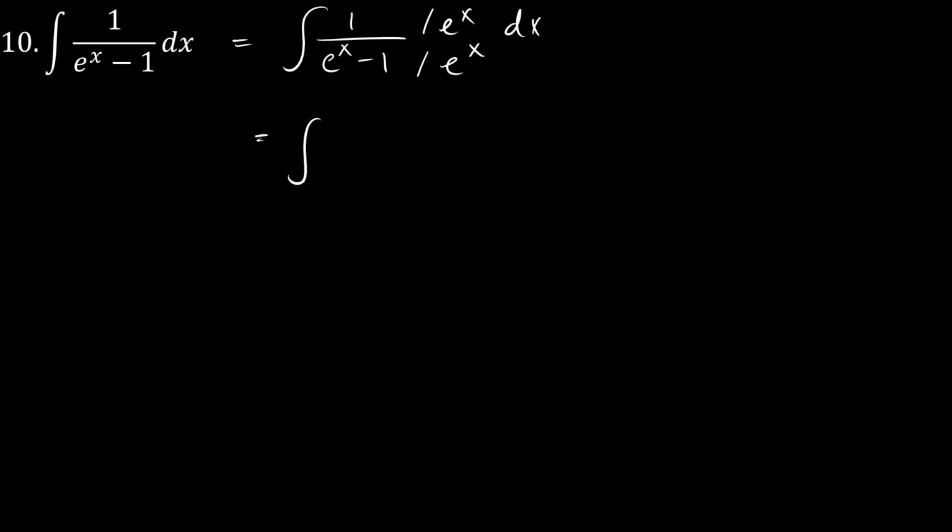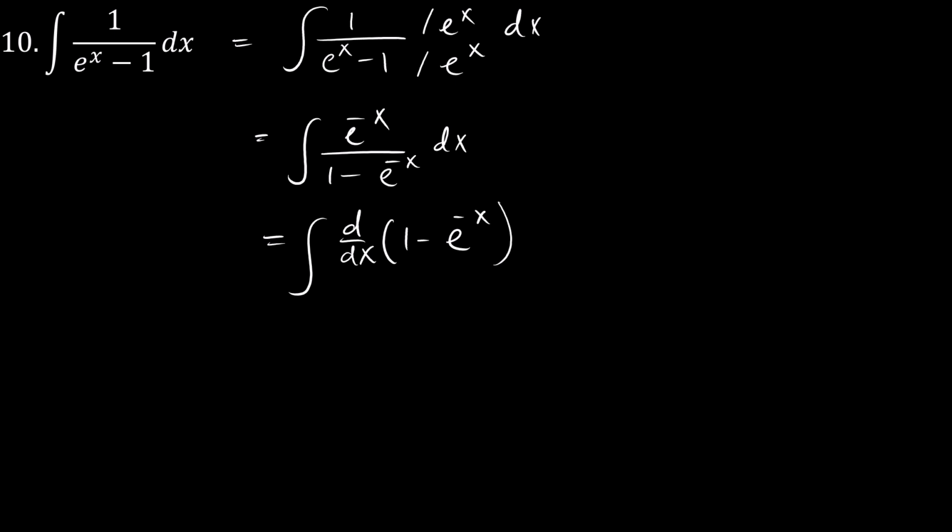So we have e to the power negative x over 1 minus e to the power negative x. Now clearly we see that the numerator there is the same as the derivative of 1 minus e to the power negative x, or the derivative of the denominator.